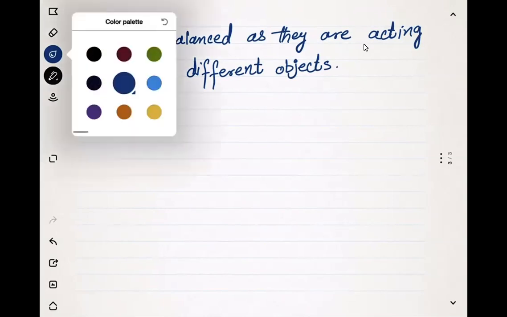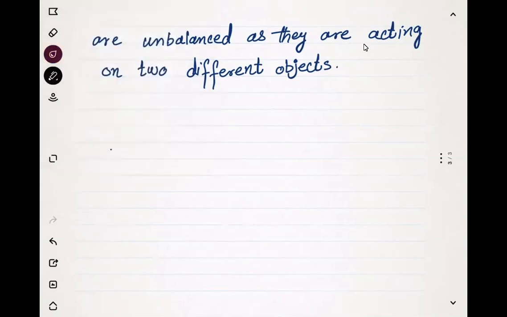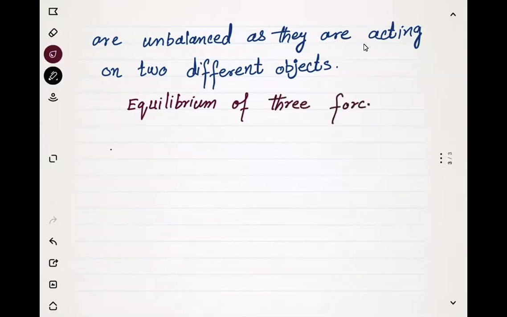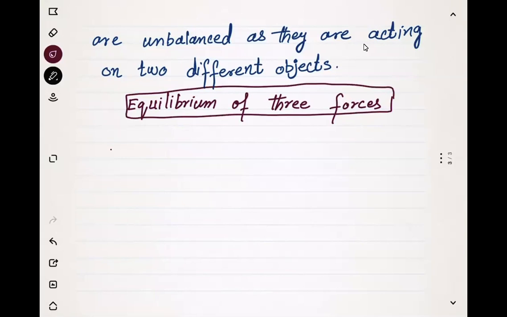Now, if we discuss the equilibrium of three forces, equilibrium of three forces. So for equilibrium of three forces, the first condition specifically is for the net force to be zero, the three forces must make a closed triangle.